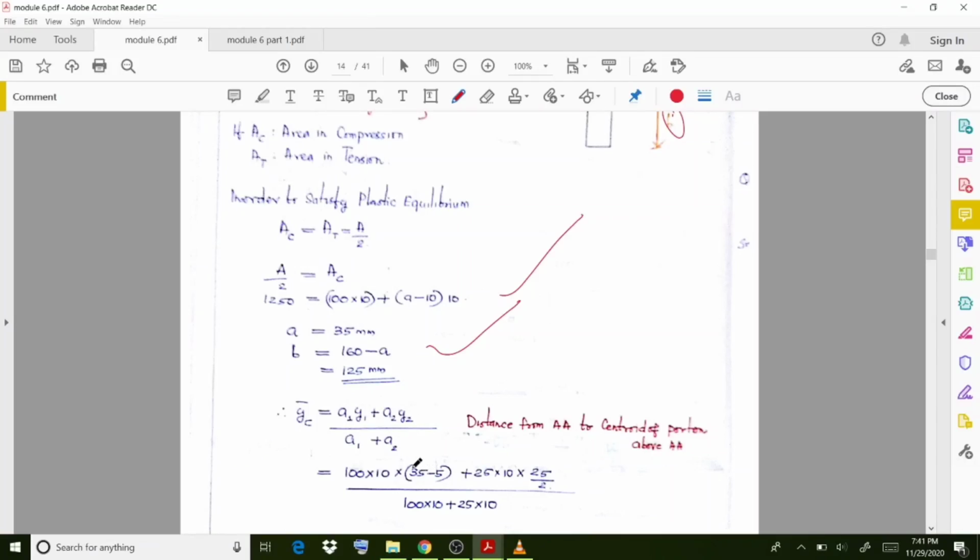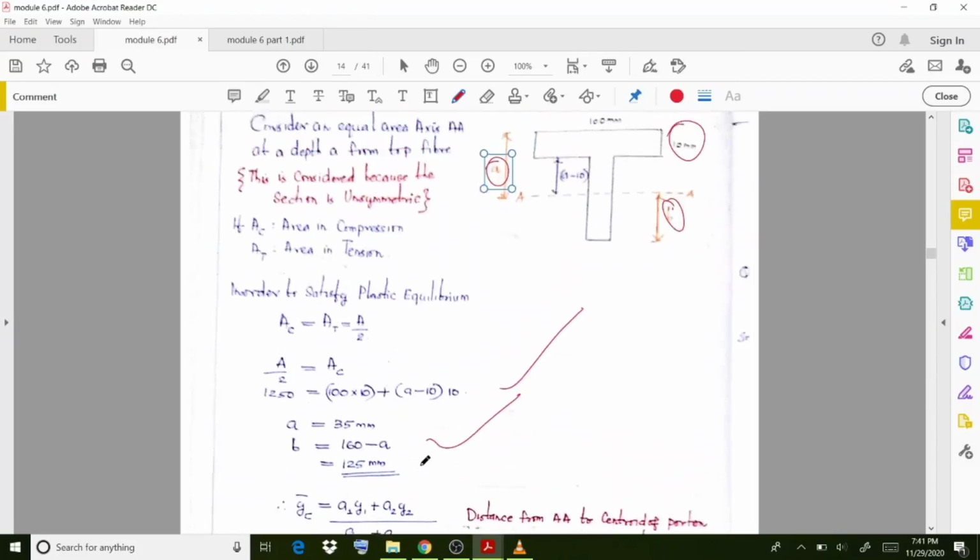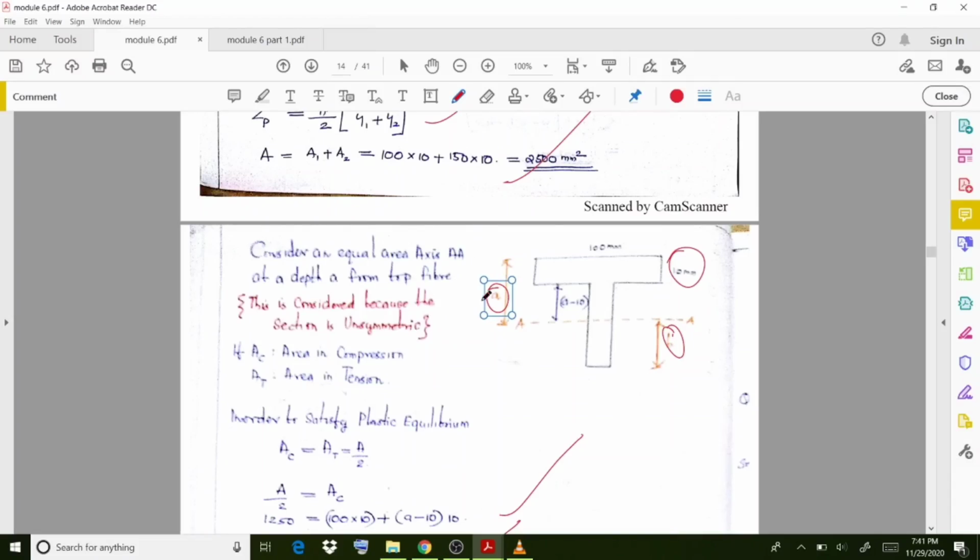And if you substitute the values, that is the distance from AA to the centroid of the portion above AA. So the upper portion you are going to consider, 100 multiplied by 10, then 35 minus this value. The center of gravity distance is going to be half this value.